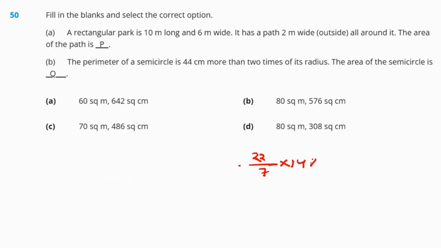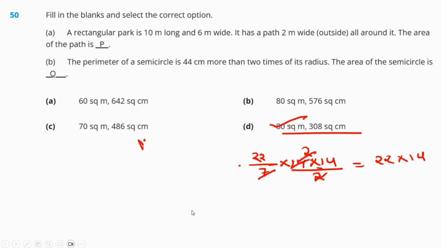Okay. So 14 2 times because it's r square, and since it's a semicircle, it would be half of it. So by 2. 7 2 times is 14. 2 2 balance itself. You are left with 22 into 14. 22 when multiplied by 14 gives you 308. So option D, 80 square meter and 308 square centimeter. That's the answer.